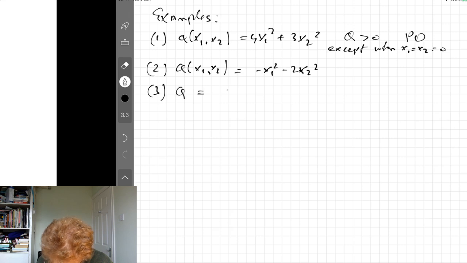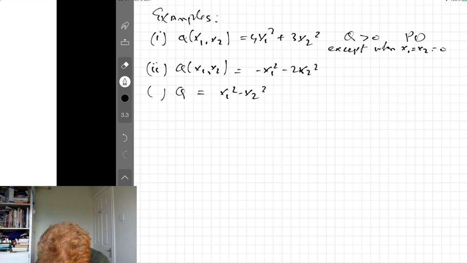Three, Q is x1 squared minus x2 squared, so now we can look at whether there is an x1, x2 for which Q is negative and whether there is an x1, x2 for which Q is positive. That would make it indefinite. Oh, I'm using the wrong numbering.